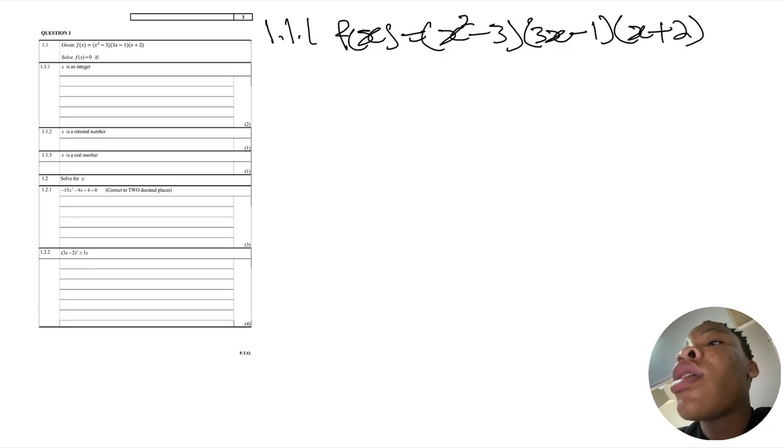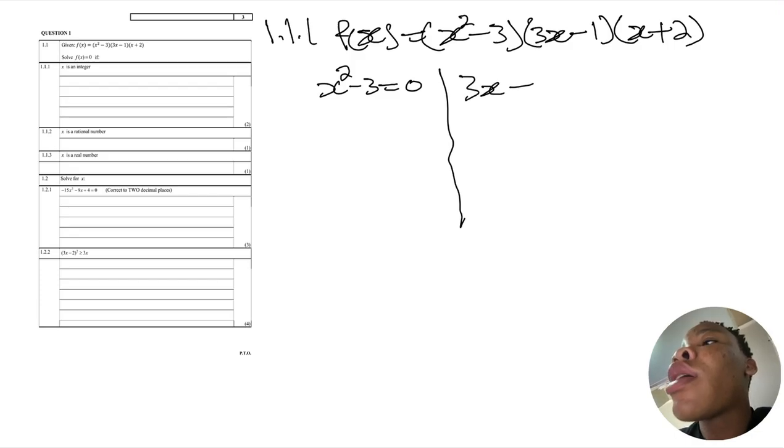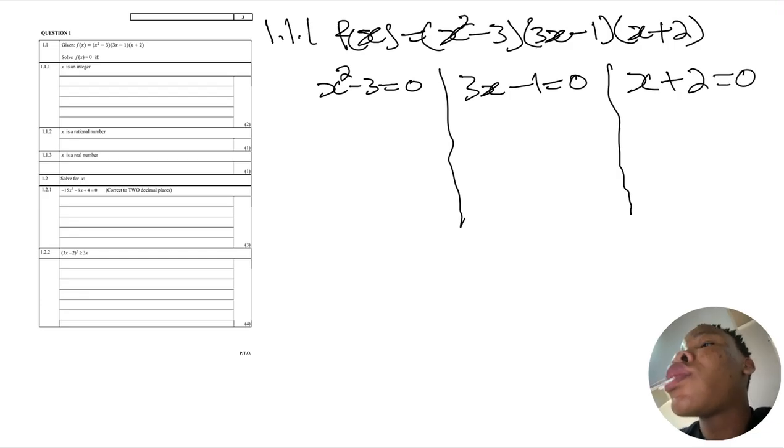So they said if f of x is equal to 0, that means we equate everything to 0. We will have x squared minus 3 equals 0, 3x minus 1 equals 0, and x plus 2 equals 0.